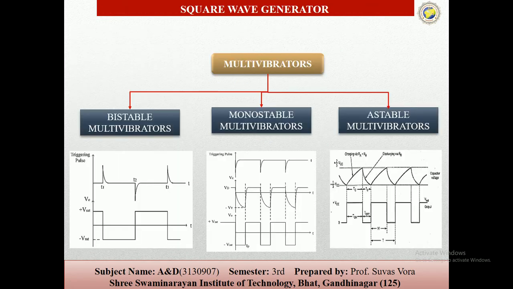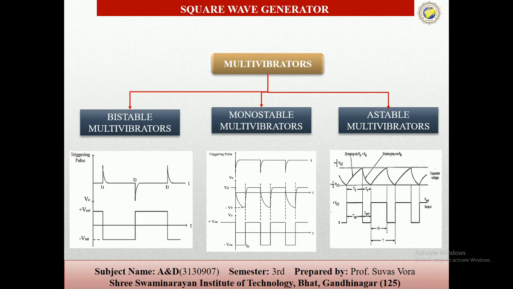Then after the square wave generators, the square wave generator is nothing but the multivibrators, and the multivibrators have 3 different types: bistable, monostable and astable.